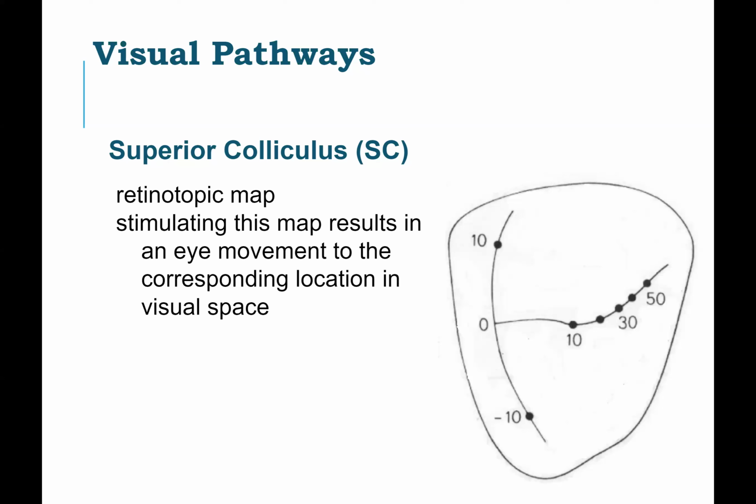So an important property of the superior colliculus is that it has a retinotopic map. You shouldn't be surprised, because it's a visual processing area. It's likely to have a retinotopic map because it gets its input from the retina.